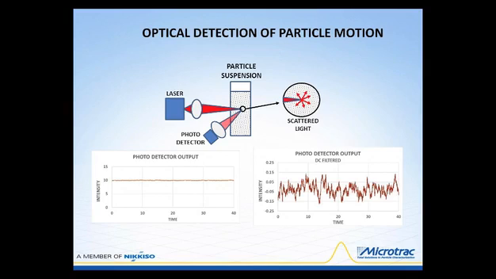If the DC is filtered out and we look at the AC component, the intensity versus time signal becomes what looks like noise.